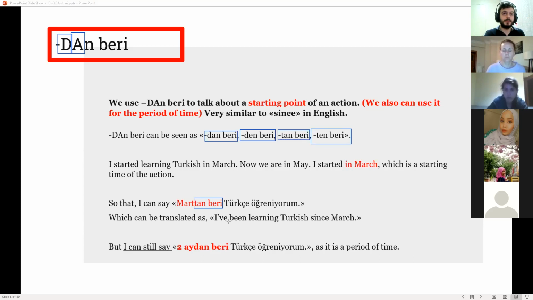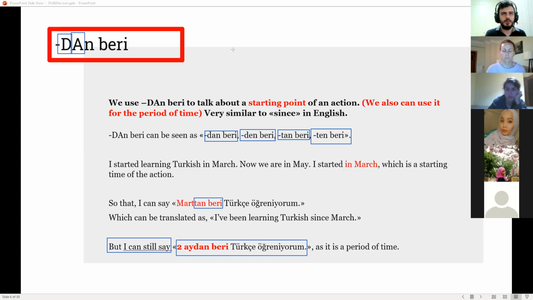Tamam? But this dan beri can also come with a period of time. So you can still say 2 aydan beri Türkçe öğreniyorum. Even though it's not really common, we can still use it. It's grammatically correct. Tamam mı?